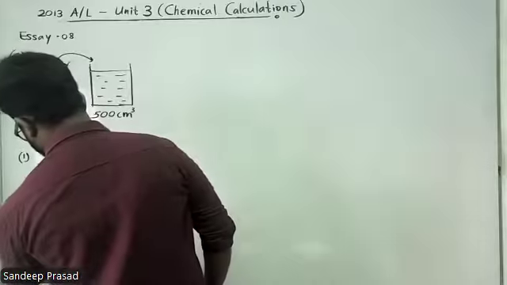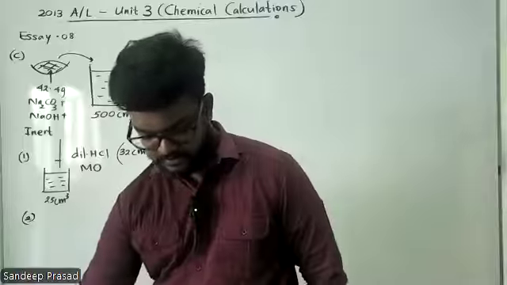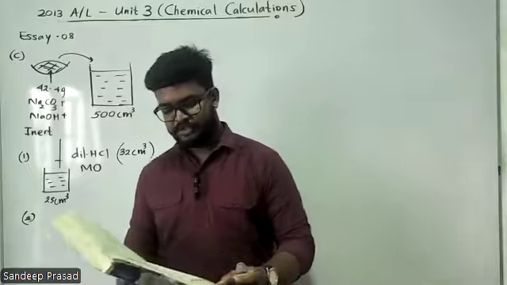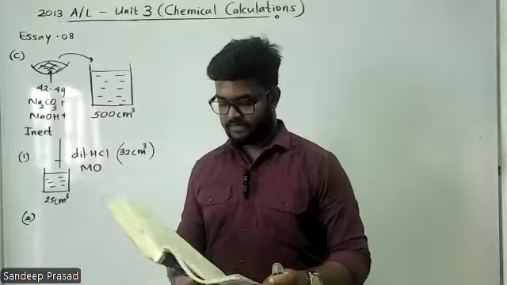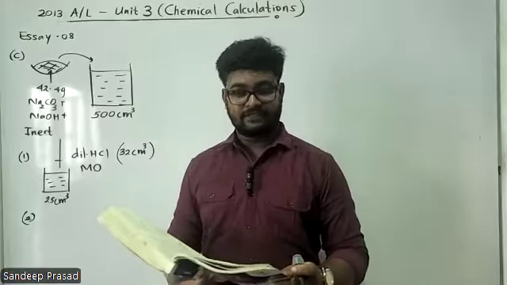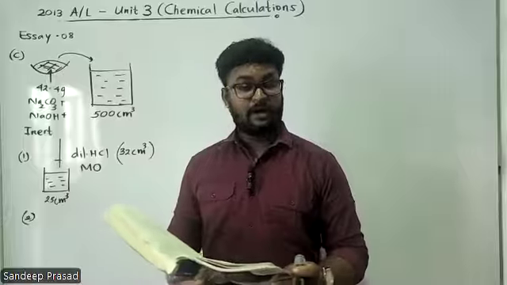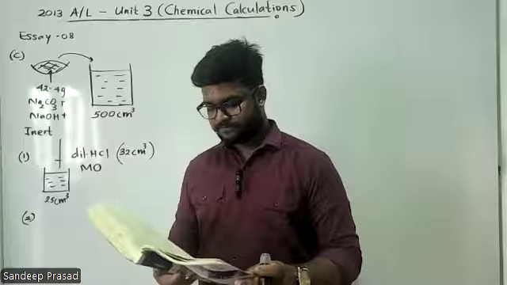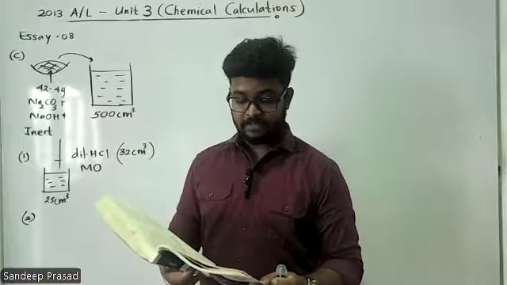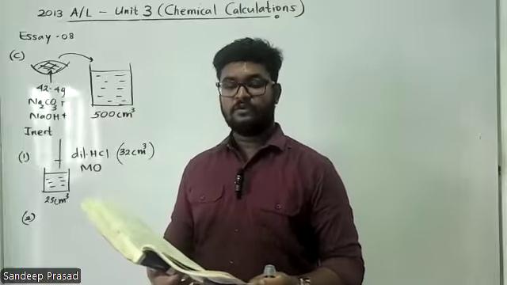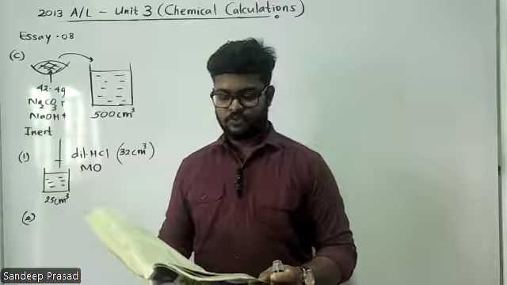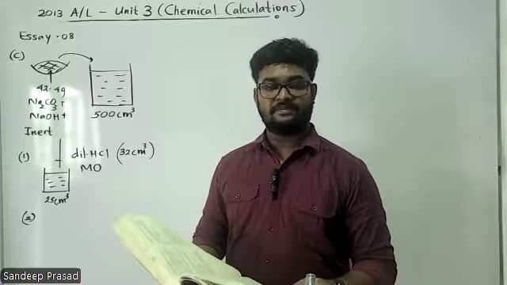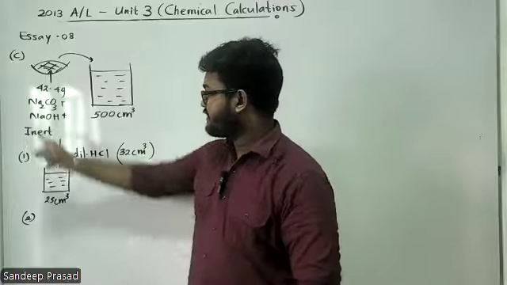In the second process, a 25 cubic centimeter portion of solution X was warmed to 70 degrees Celsius, and 1% barium chloride solution was added in slight excess, and the barium carbonate precipitate was filtered. So they have added barium chloride to this solution. Then barium carbonate precipitate is formed because sodium carbonate is there.